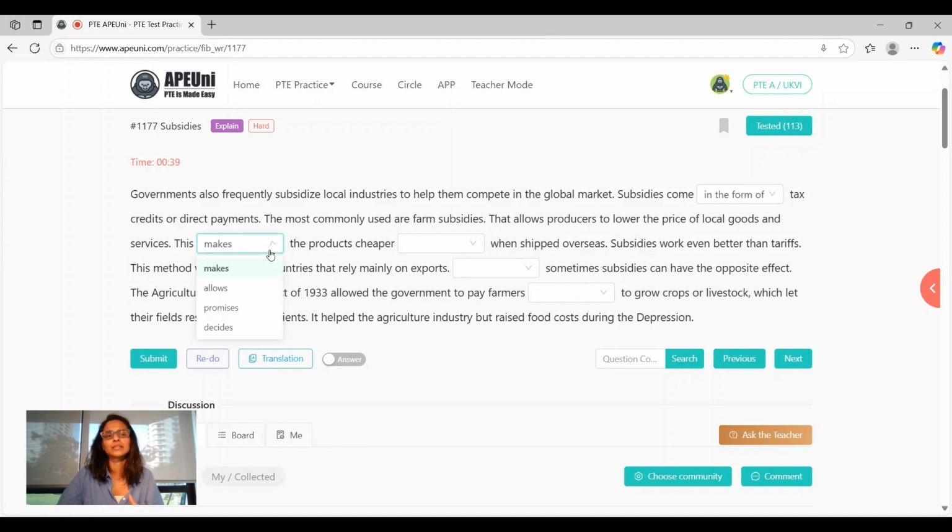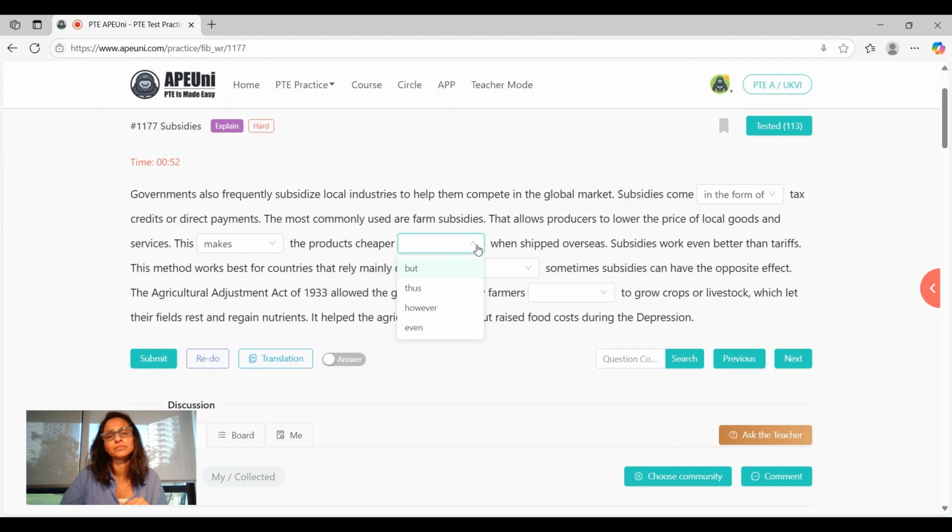So let's use elimination. It cannot be decides and promises. It's between makes and allows. Makes sounds better. The cheaper when, even when. So it can't be however, thus means so, but is instead of, doesn't make sense, so even.